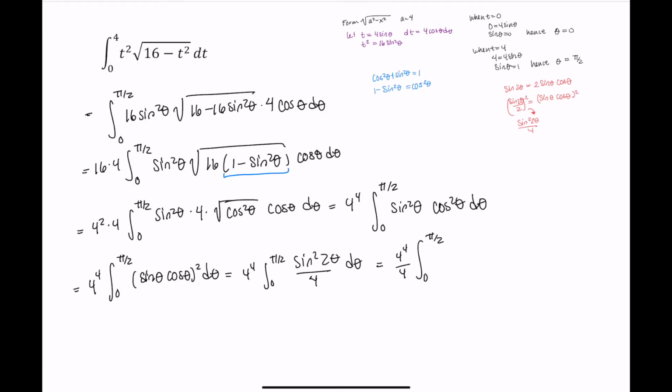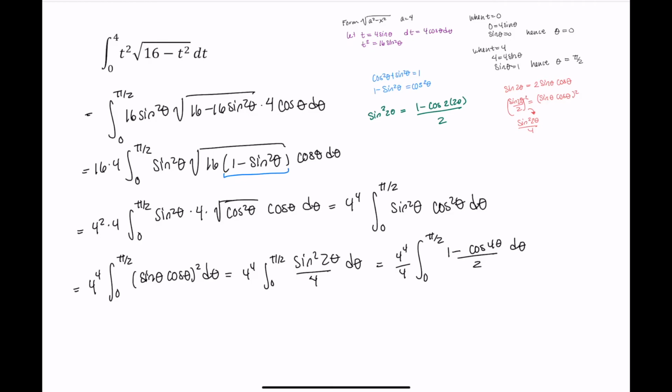And let's recall some trig again. Sine squared 2 theta can be rewritten as 1 minus cosine of 2 times 2 theta, over 2. So let's rewrite this integrand as 1 minus cosine 4 theta over 2 d theta.